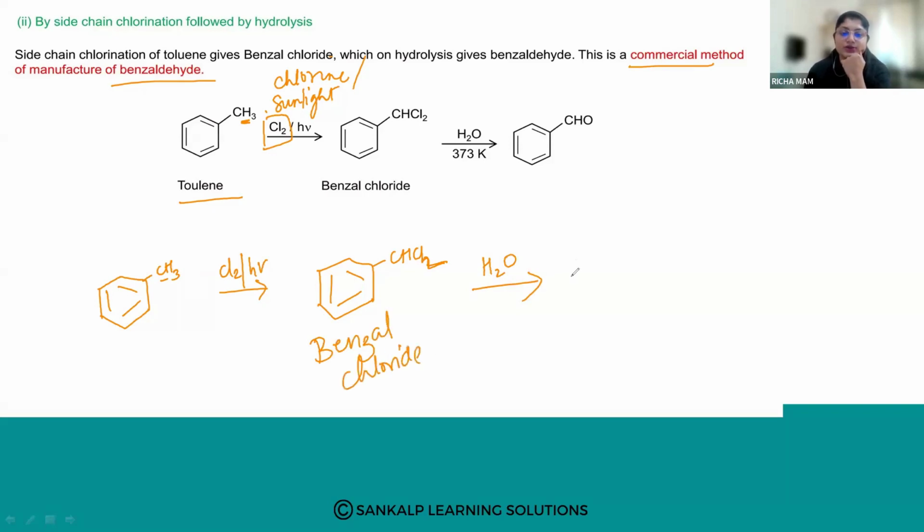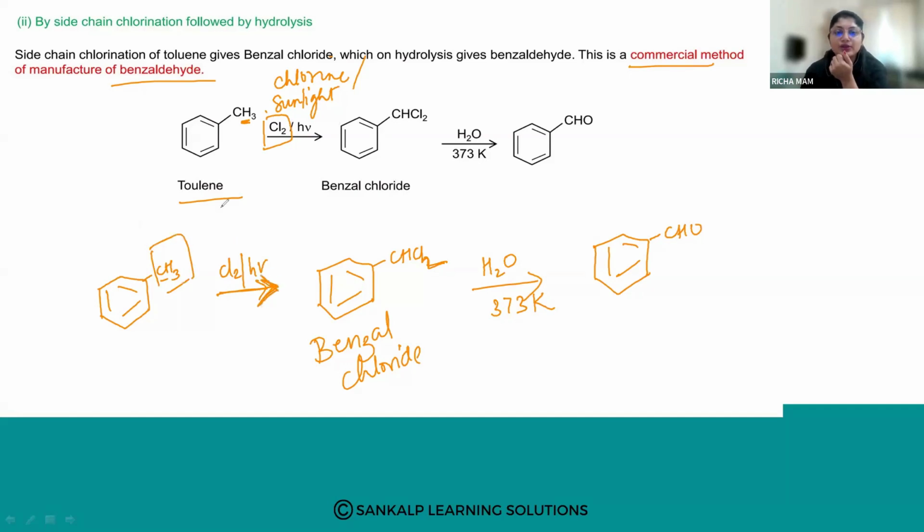This benzyl chloride will undergo hydrolysis. We are adding water for hydrolysis at 373 Kelvin. What will we get? We will get benzaldehyde. So what we are doing is side chain chlorination. We are introducing chlorine atoms on the side chain, which is our methyl group.